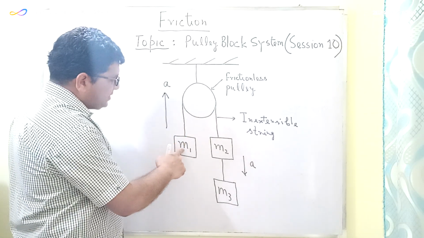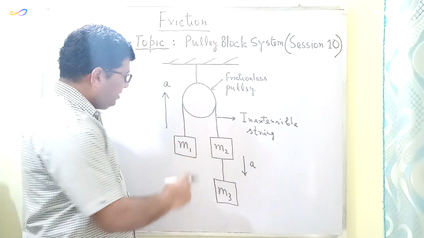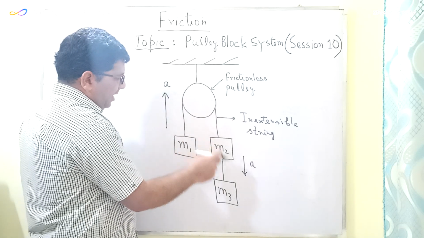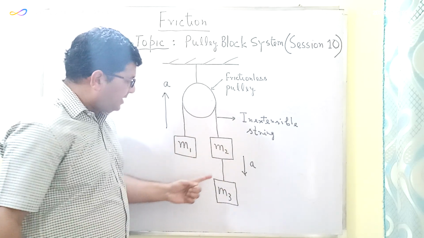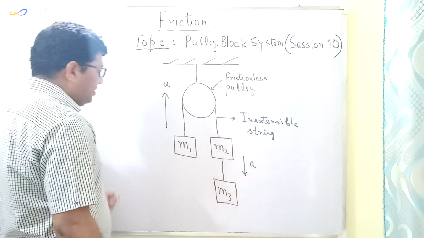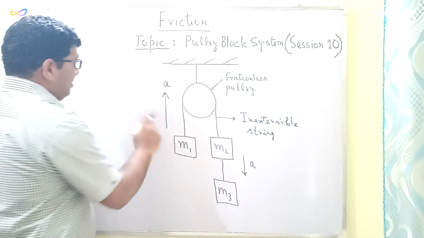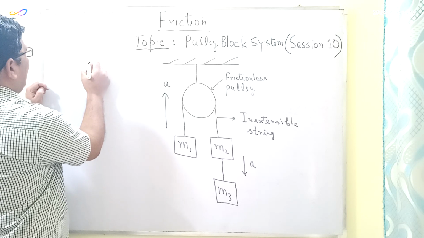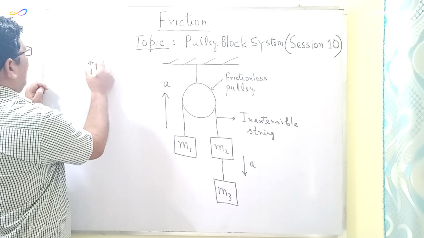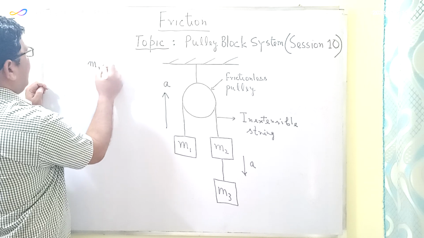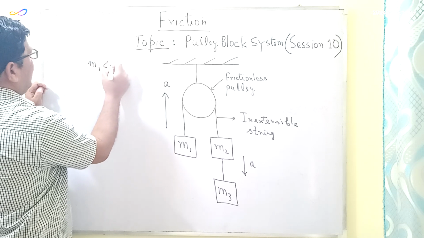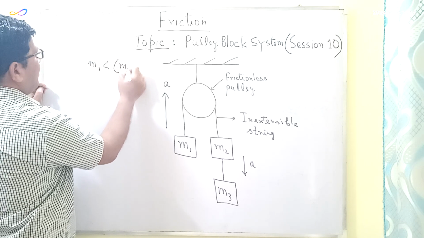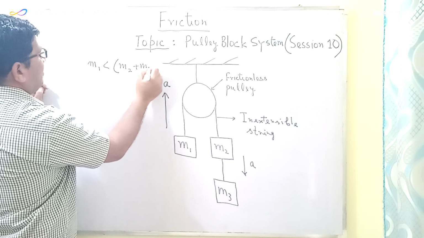Now here, masses m1 and m2 are connected by a string, and masses m2 and m3 are connected by another string. In this example, m1 is less than m2 plus m3.